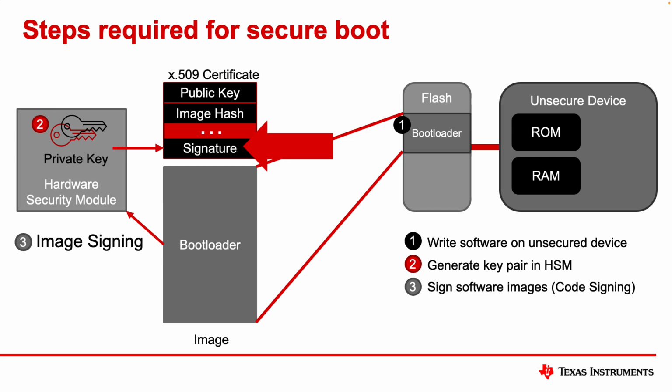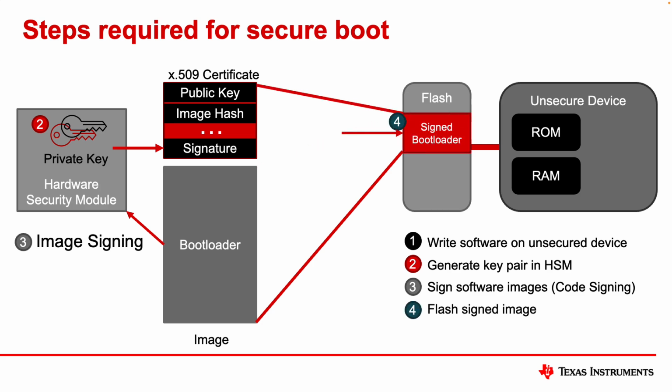You can see some of the other information that is put in the certificate, namely the public key that you're using, because we're only going to store a hash of the public key in the device. We'll see that here in just a second. But the most important thing that you see there is the image hash. That's what we're going to use to make sure that this image has not been modified or altered in any way, and it's the image that we want to make sure that we're booting.